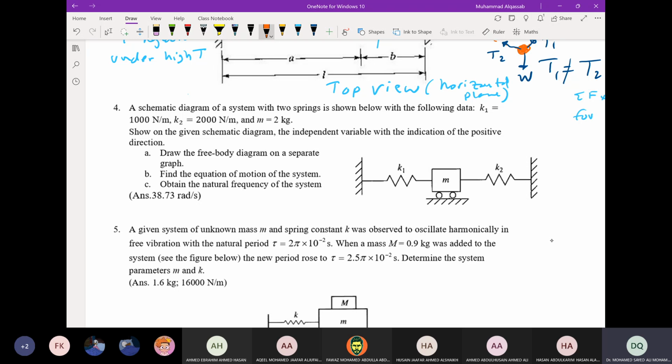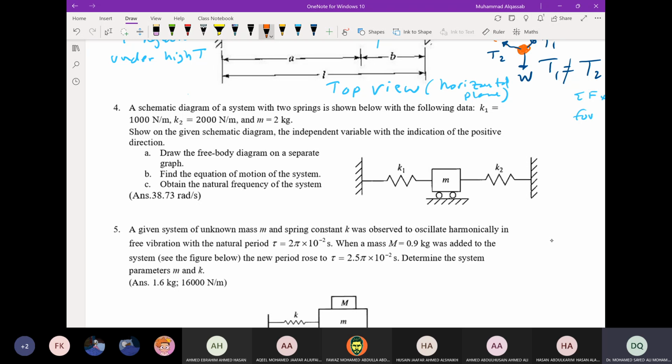This is just to practice labeling things. This is the system, and you take the positive direction. You put this X. This is what is required.